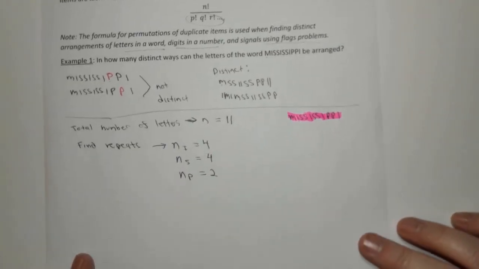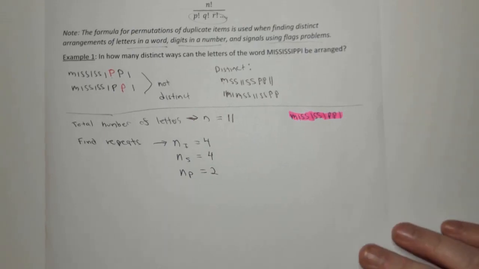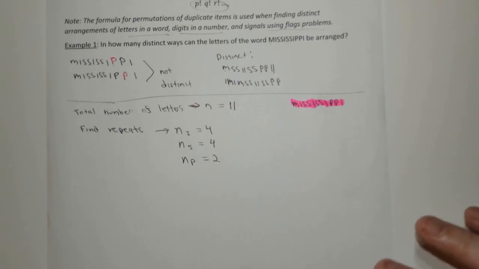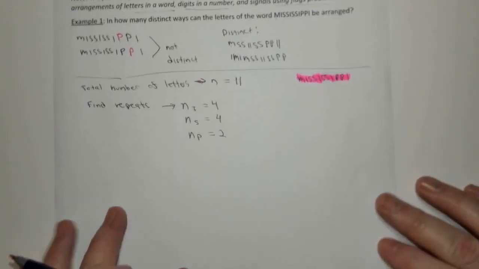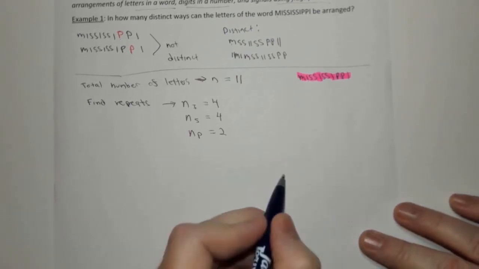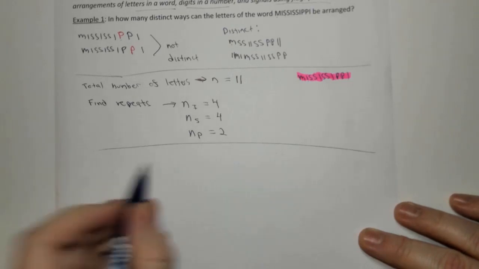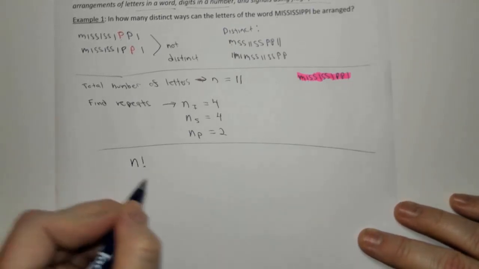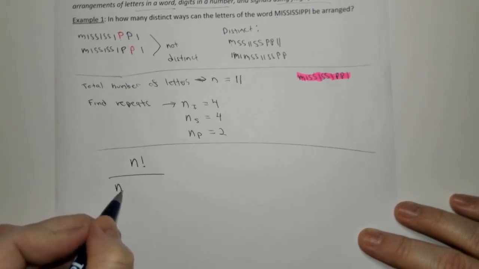The good news is the questions you'll have in the homework I don't think are as complicated as this. But because they're less complicated, I needed to show you a harder one, otherwise you could get something confused. And what I mean by that is the following. We're going to set up n factorial over n sub i factorial.